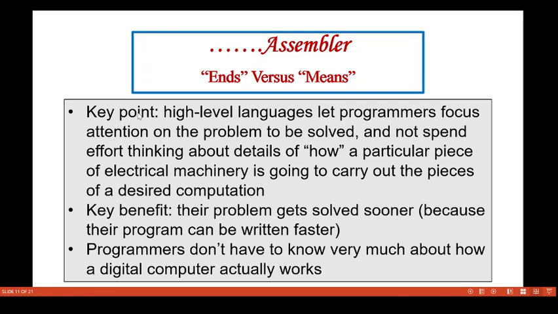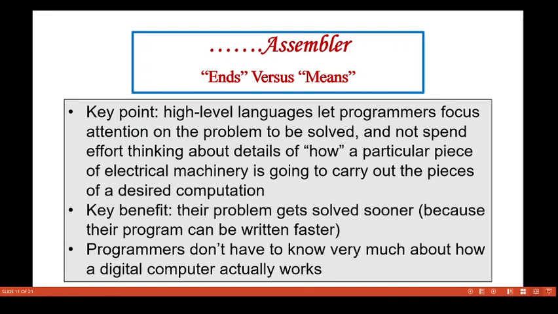Then the key point is that high-level languages let programmers focus attention on the problem to be solved. The previous programming languages that I just mentioned are all examples of high-level programming languages because they let programmers focus attention on the problem to be solved and not spend effort thinking about the details of how a particular piece of electrical machinery is going to carry out the pieces of a desired computation.